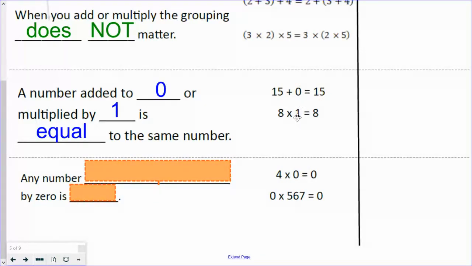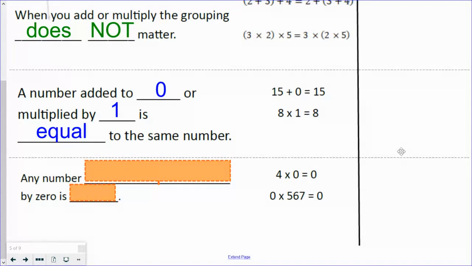Same thing if you're multiplying by 1. This 8 sees itself when it looks at that 1, so that's what our answer is. Okay. Challenge you to come up with your own solution to this as well. Come up with your own examples for addition and multiplication identity properties.